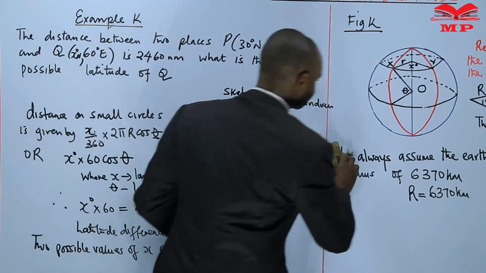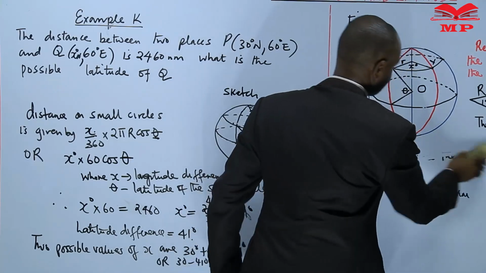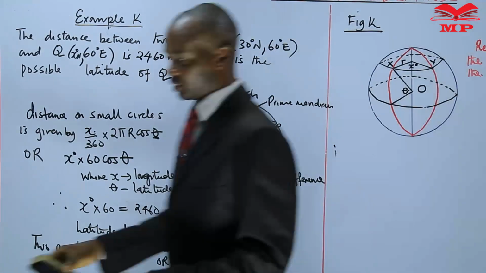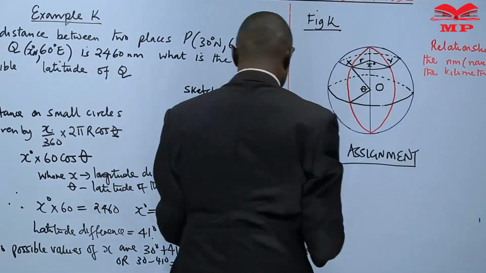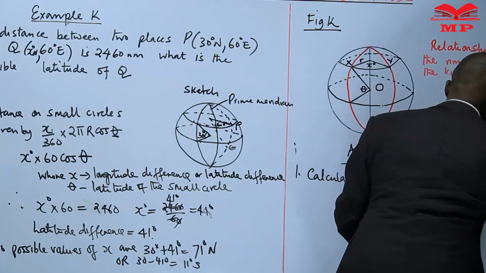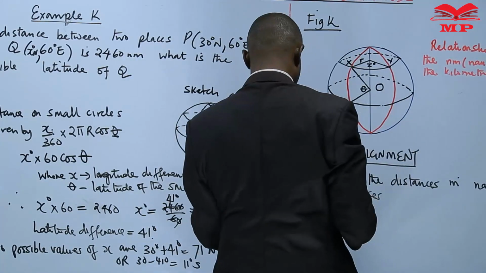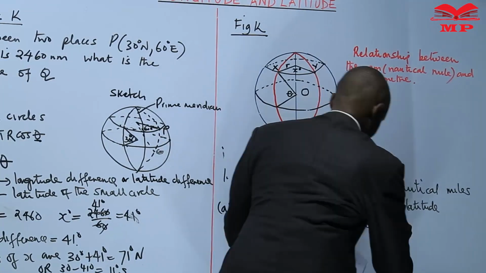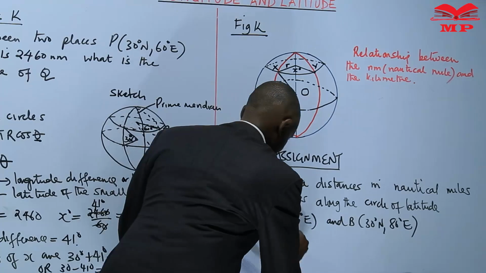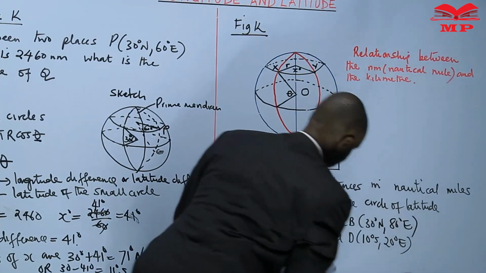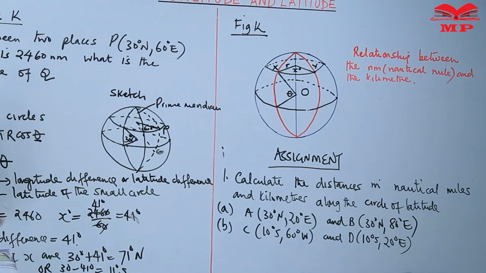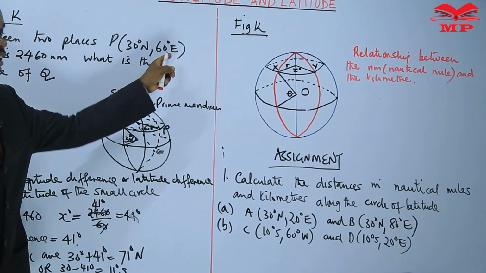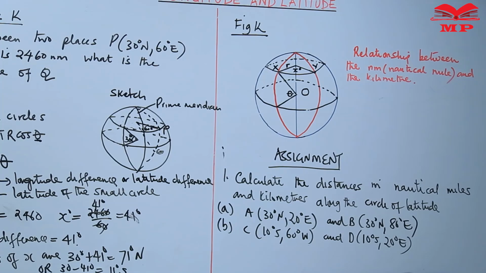So let's have a quick assignment. Before I read through that assignment, note that if you find the longitude is fixed, that distance will be on a great circle.